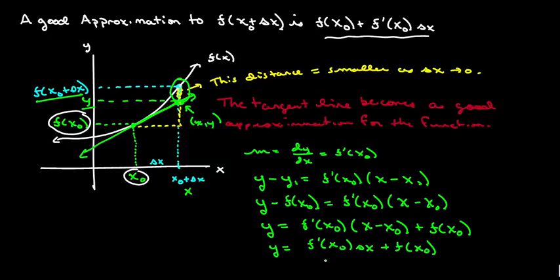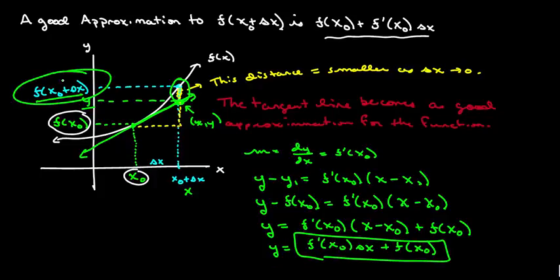These are real close when delta x is small, and this y value, this height value right here, is given by this. So this is close to this value when this is close to 0. And that's this right here. Okay, so that's what we're going to be working on.